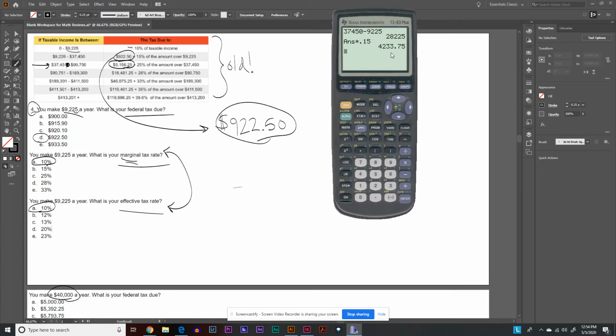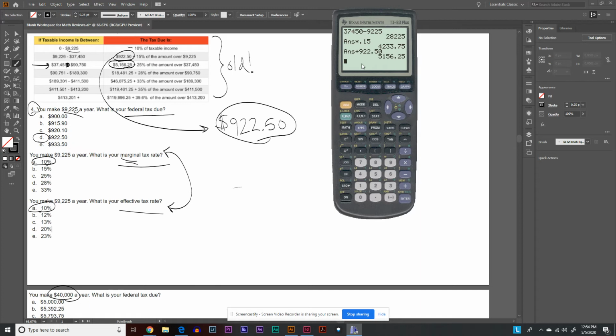Well, that 15% comes out to be $4,233.75. Now let's add that to the $922.50 that we paid in the first amount.